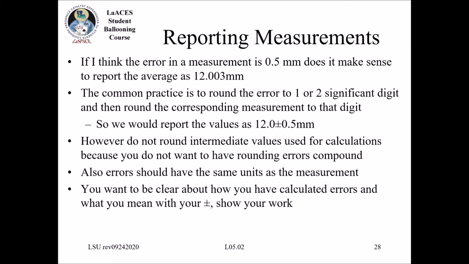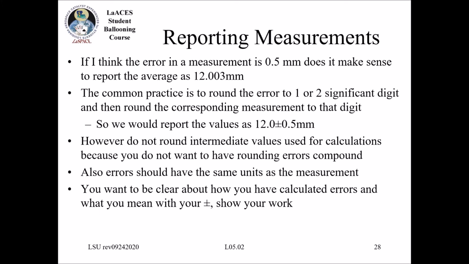One key thing to note, though, is you don't want to round intermediate values for your calculations, right? If you're going to be doing multiple calculations with the value, keep many decimal places and use all of those and only round at the very end.